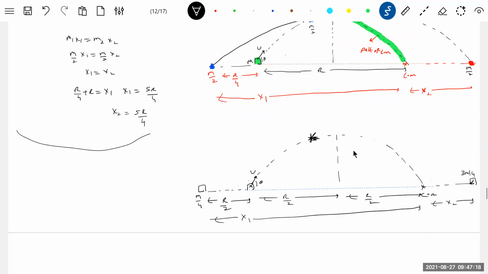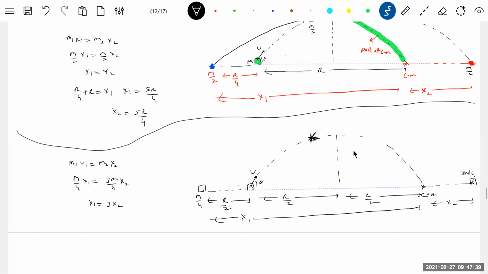Again, there's a second case. So what is the formula now? m1 x1 equal to m2 x2. So here what is m1? m1 is m by 4, so x1 equal to 3x2. So what is x1? x1 we have an idea from the diagram.